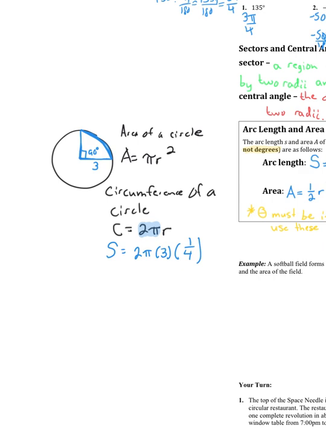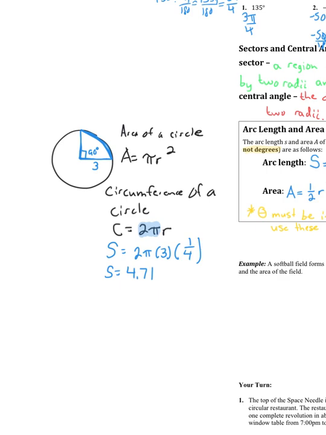I don't even need the angle in this case. I'm just going to find the circumference of the whole circle, and I'm going to multiply it by 1/4. Because if I know the perimeter of the whole circle, I can find the perimeter of 1/4 of it as well. And that's how I could find the arc length a little differently. I don't even need that 90-degree angle, which is nice, because that means if I don't have an angle, I know how to solve this. 4.71 would be my length, about.